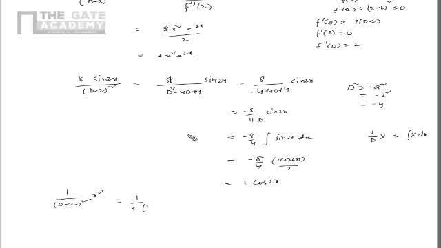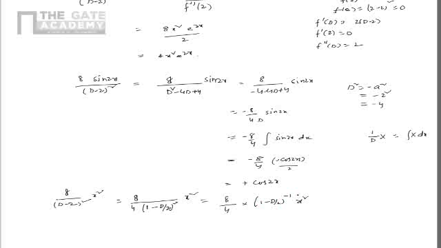I can write 1 minus D by 2 whole square; I can adjust the minus in this way. So for this entire thing, remember there's an 8 here, so 8 by 4. So this I can write as (1 minus D by 2) whole power inverse, x square.